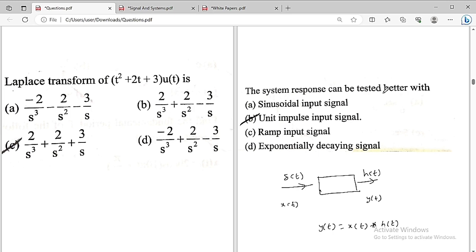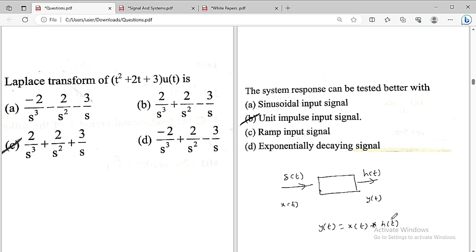The system response can be tested better with the unit impulse input signal. Whenever you give the input as a unit impulse signal, the output you get is the unit impulse response. So if you know the unit impulse response, then we can get the value of the output for any input just by doing a convolution of the input with the impulse response.